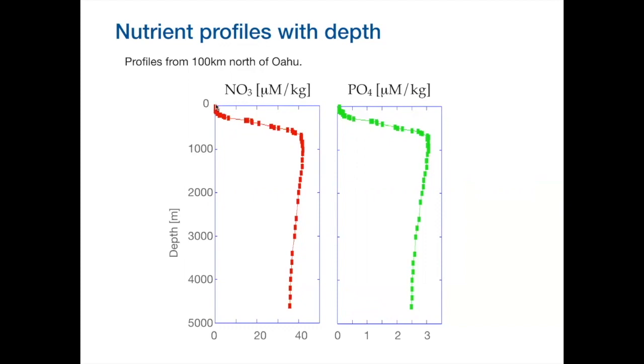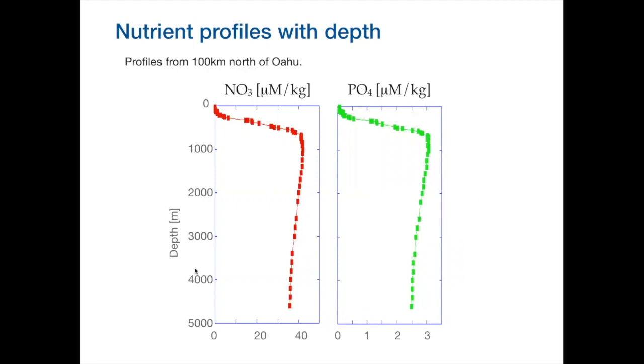So we have low nutrients near the surface, and then as we get deeper into the twilight zone, we have respiration going on, nutrients being returned to the water column, and then below that, at least around Hawaii, there's a slow decrease in the nutrient concentrations.